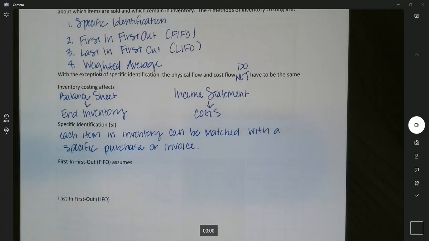Some examples of this might be something like jewelry or cars. Typically, this is going to match the cost of the items with the revenues they help generate, which is considered a big advantage. Next up is first in, first out, and this is an assumption.